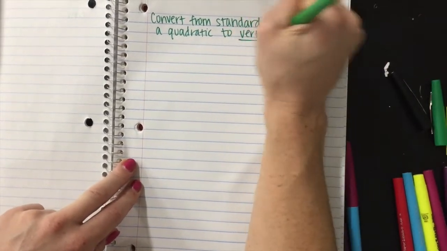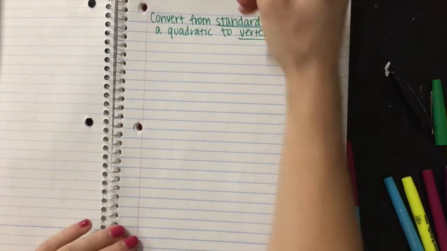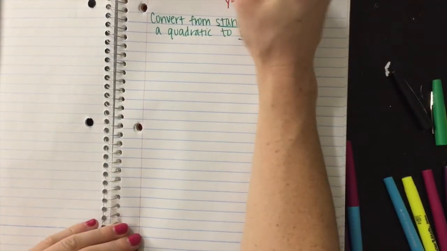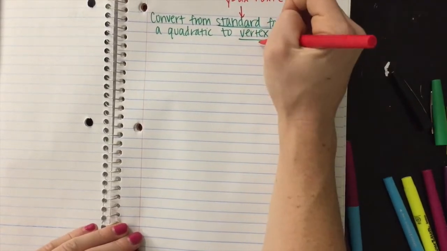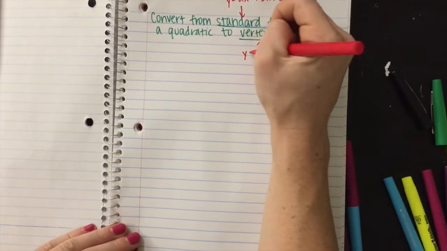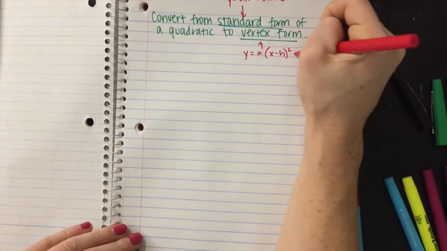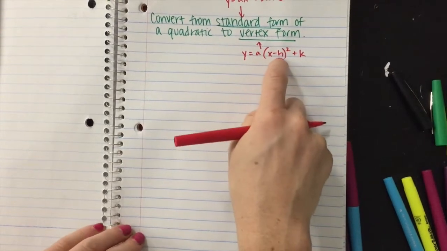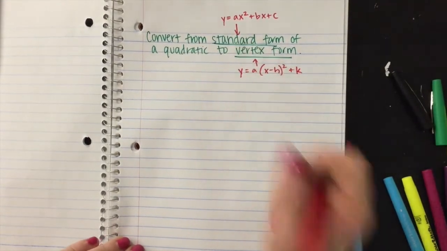So let's remind ourselves what these things are. Standard form is when you have y is equal to ax squared plus bx plus c. Vertex form is when it's in the form y is equal to a times x minus h squared plus k. The cool thing about vertex form is it tells you the vertex. Standard form tells you not that much.